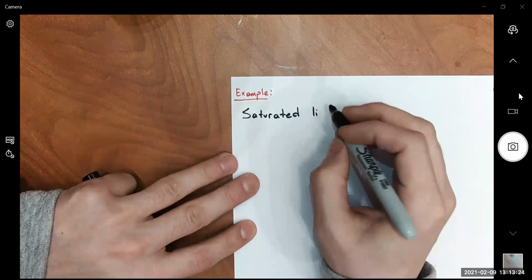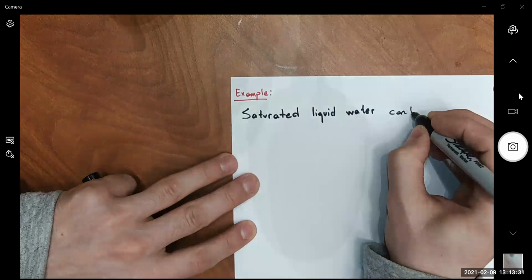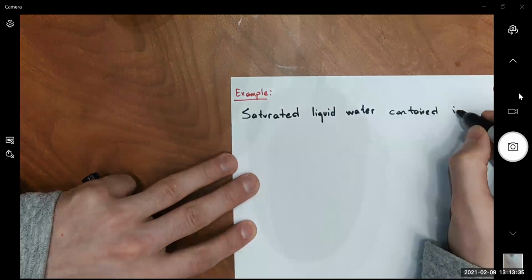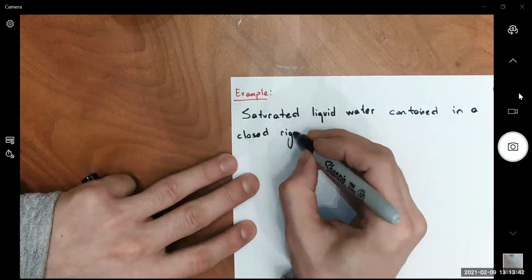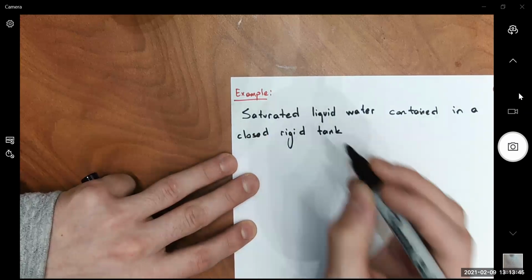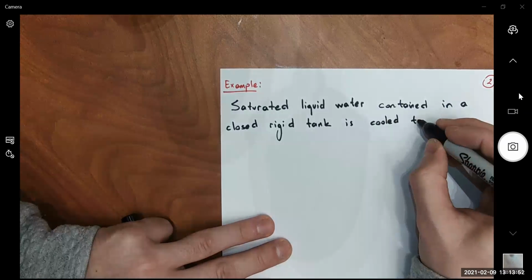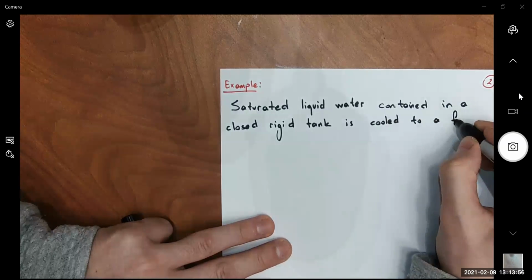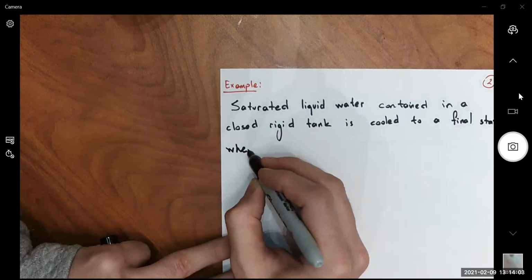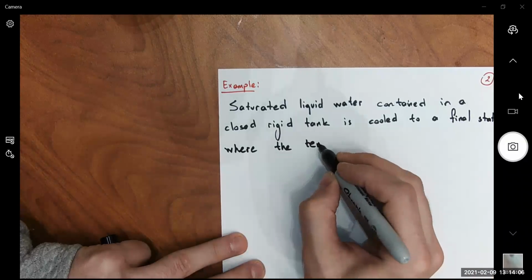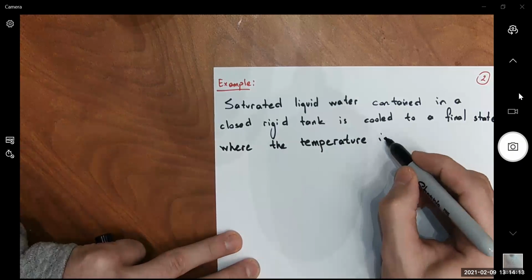Saturated liquid water contained in a closed rigid tank is cooled to a final state where the temperature is 50 Celsius.